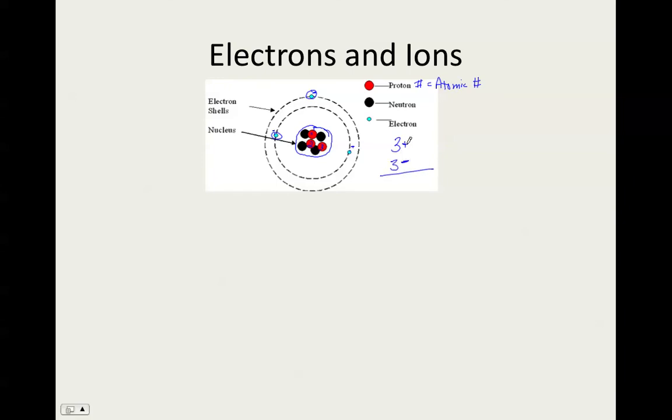If you add the positive and negative charges, you'll find a net overall charge of 0. So there's no charge in this particular atom. Just to recap, electrically balanced atoms have equal numbers of protons and electrons.